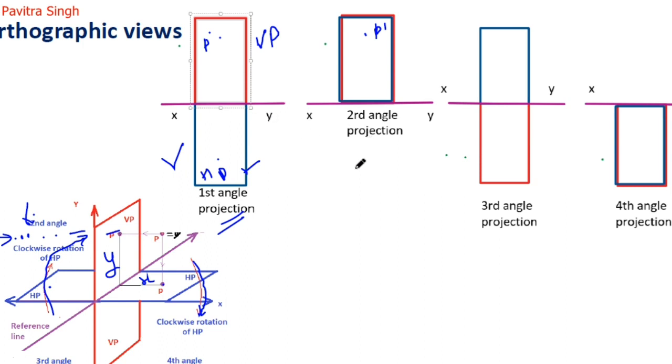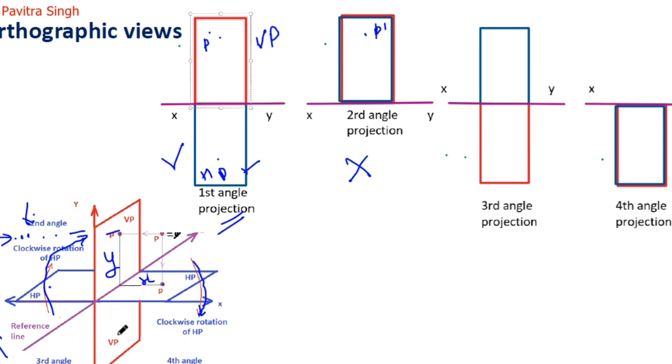So here front view and top view both are overlaid. Okay, so this is our front view P dash. Clear? And if we see this from the top vertically downward, this will be placed on this HP, on the horizontal plane, and this horizontal plane will rotate in clockwise direction.